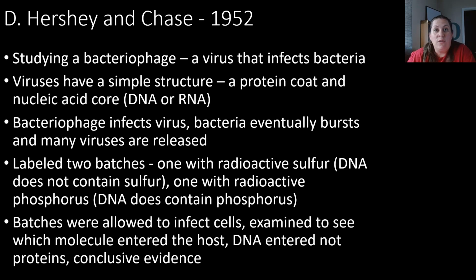Was it the sulfur molecules or was it the phosphorus molecules? And they found that it was phosphorus. And so they knew that the DNA entered into the actual new cells versus the proteins. Proteins did not. And this gave us very conclusive evidence that supported what some had proposed in the past.